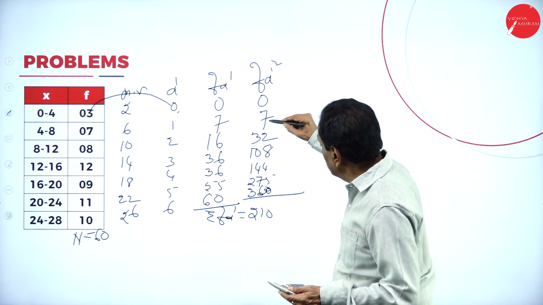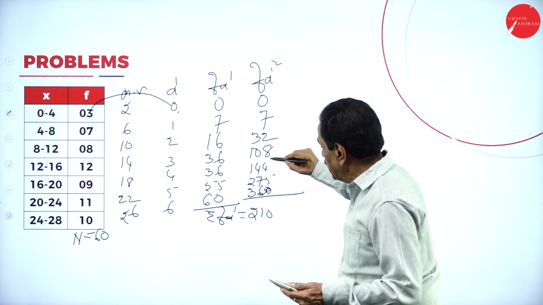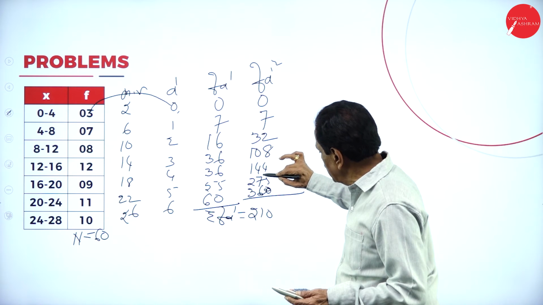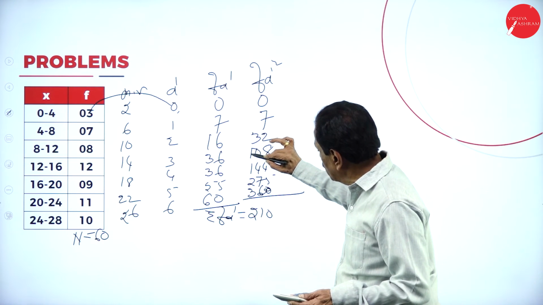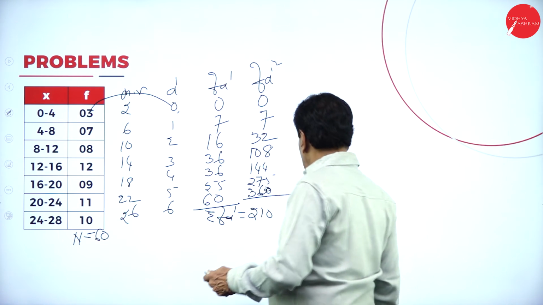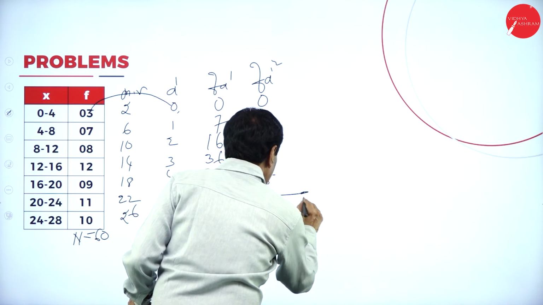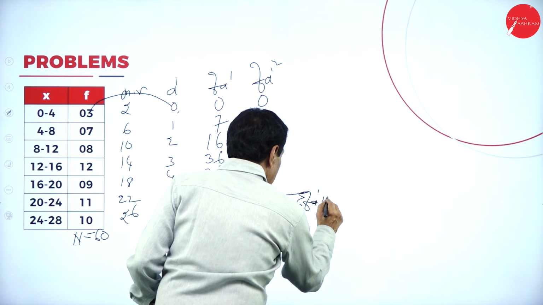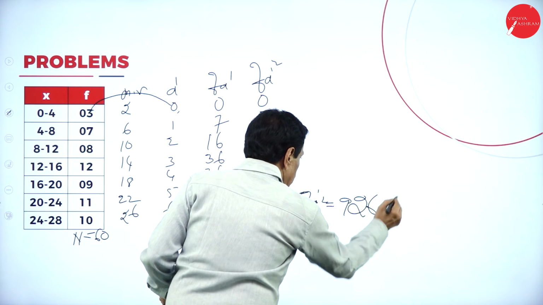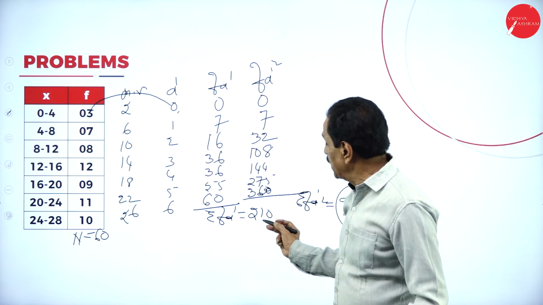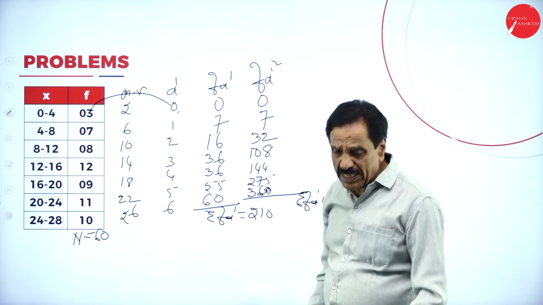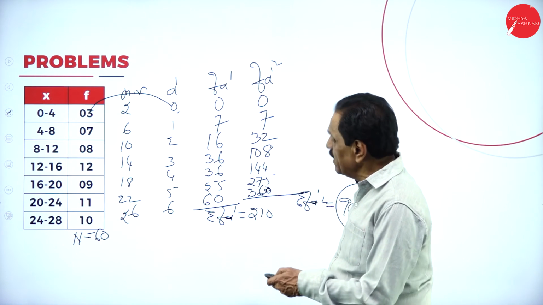I added this number. 7 plus 2, 9, 17, 21, 26. 926. Sigma ft dash square is equal to 926. What is sigma ft dash? 210. Ft dash square is 926. We'll apply the formula.